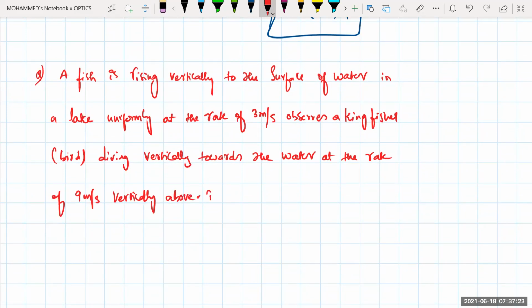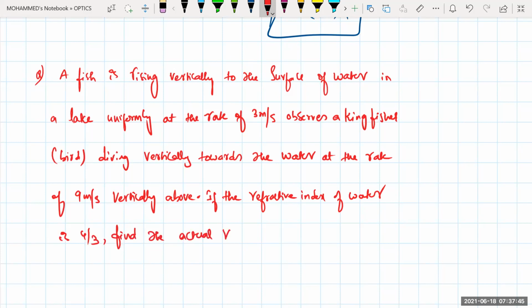If the refractive index of water is 4 by 3, find the actual velocity of the dive of the bird.